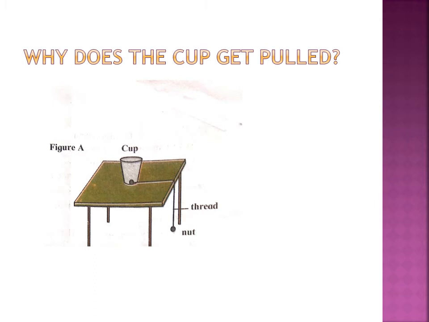The force applied on the thread is in the downward direction, and since the thread is connected to the cup, it will move the cup along its direction, that is downward. The applied force and the displacement are both in the same direction, that is downward. So we can conclude here that it is positive work done.